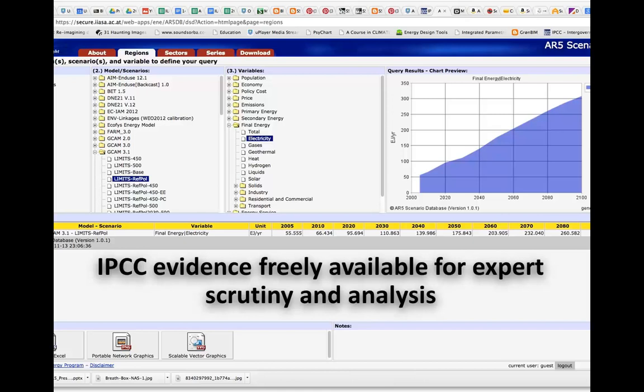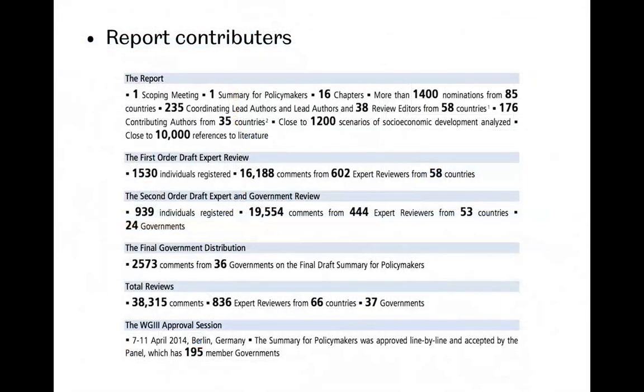So the view now that's being proposed by the IPCC is that governments must act because the evidence is so strong. This is the kind of contribution to the report. Many, many people around the world, many experts, thousands of people commenting, a huge global effort to verify the information.